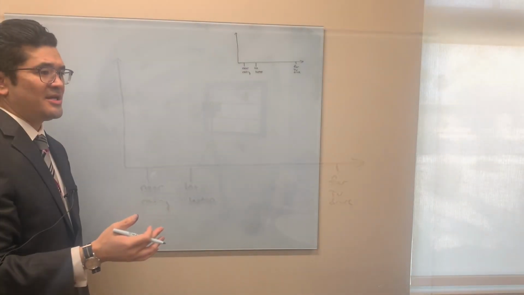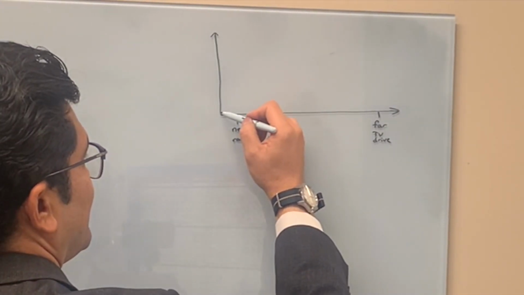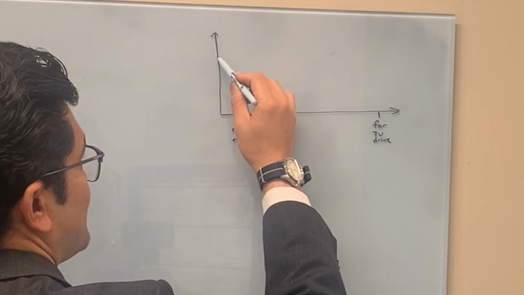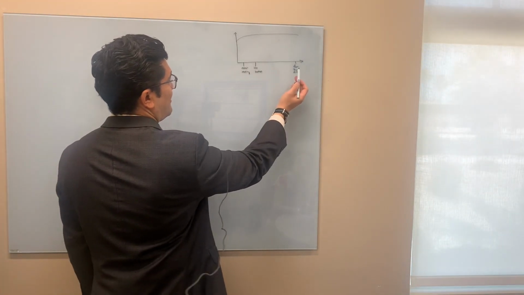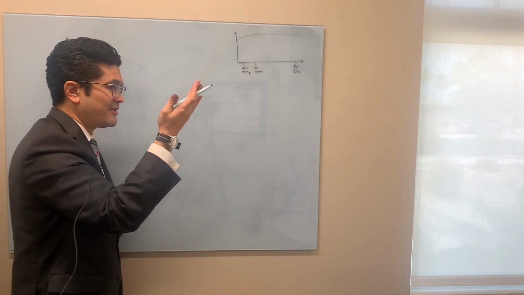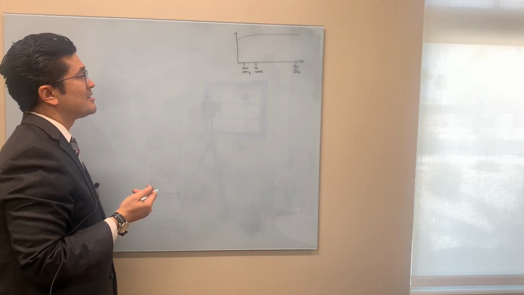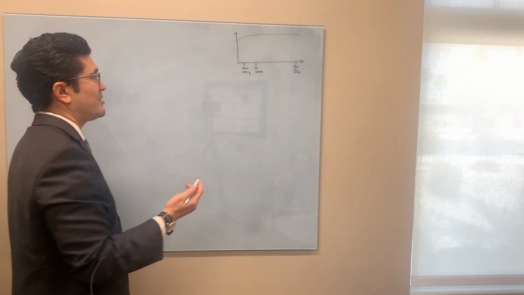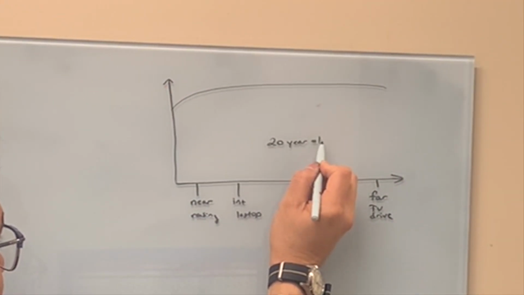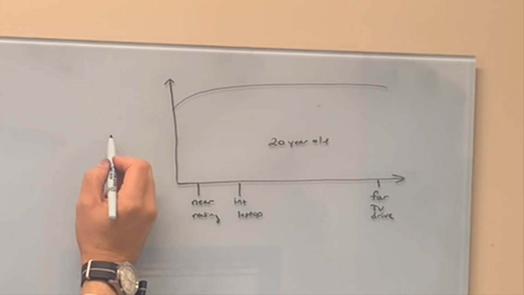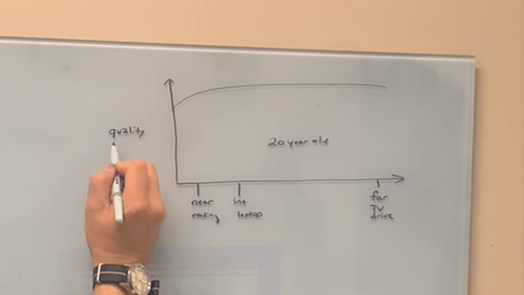So if you are 20 and have emmetropia, you don't need glasses, your defocus curve is probably almost the whole thing. You can see all of this, right? And whether you're near or far, you can see all of it. Maybe it drops off if you bring your hand really, really close. At some point, it drops off, like it gets slightly out of focus. But for most things, a 20-year-old is going to have a really nice defocus curve. And this is maybe quality or contrast. Quality and contrast.